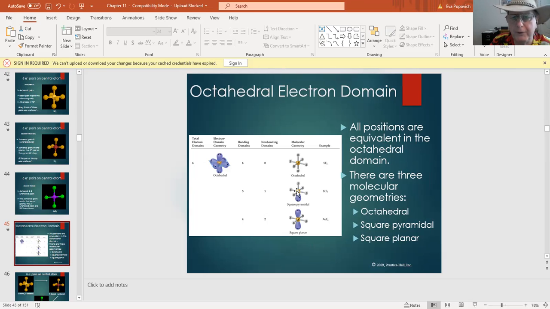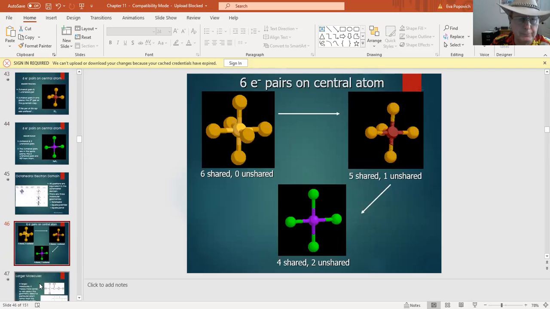If one's a lone pair, square pyramidal. 6 domains, 2 of them lone pairs, I get square planar. So 6, no unshared, octahedron. 1 unshared, square pyramidal. 2 unshared, square planar.